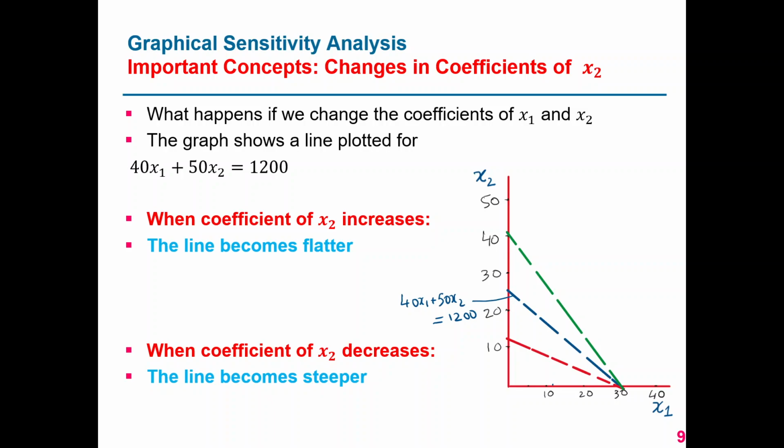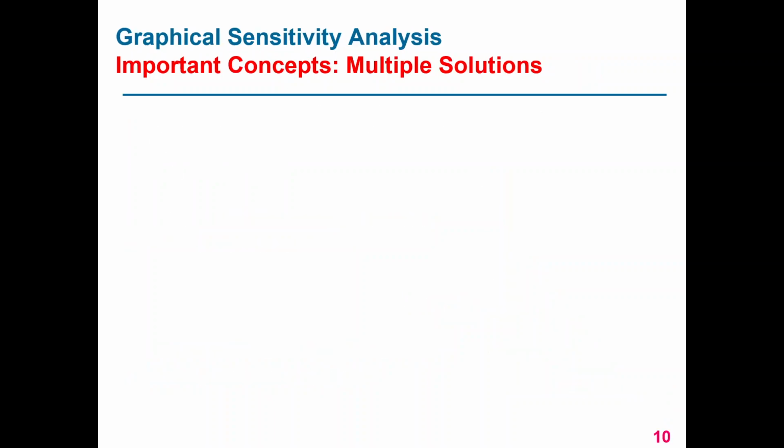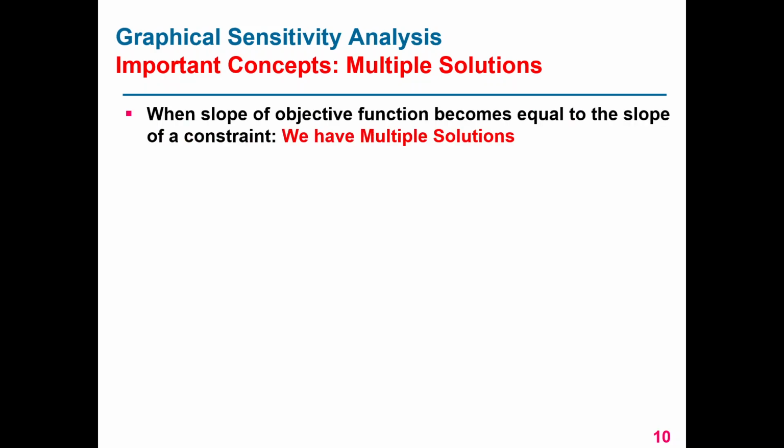After the slope and the effect of the coefficients on the slope, let's discuss another important concept known as multiple solutions. Whenever the slope of an objective function becomes equal to the slope of a constraint, we have multiple solutions.